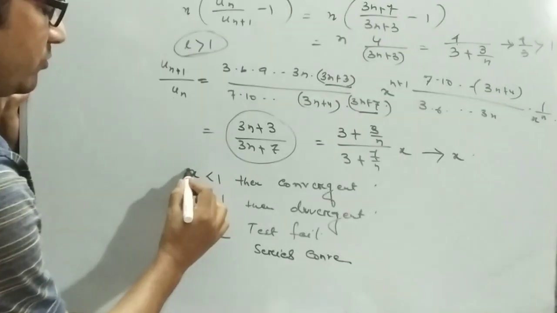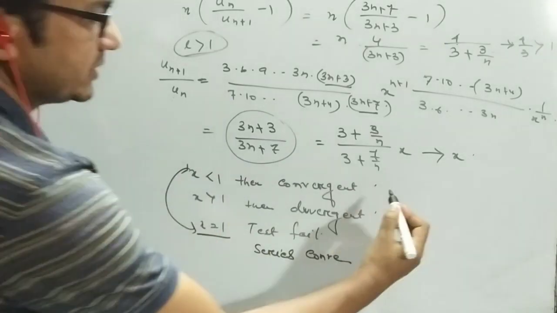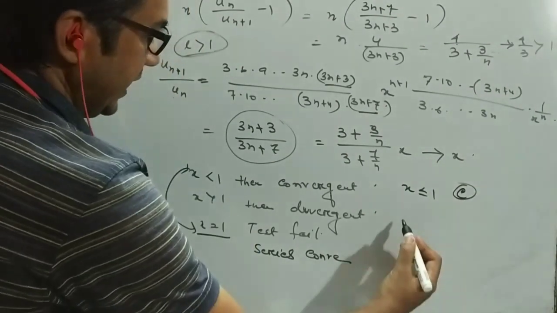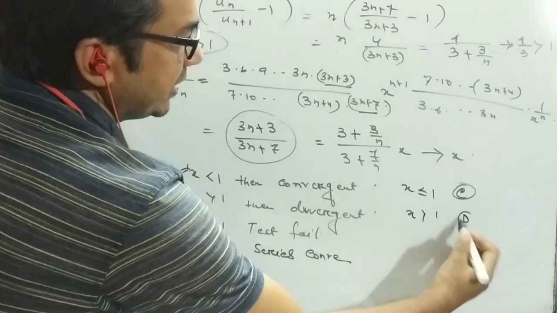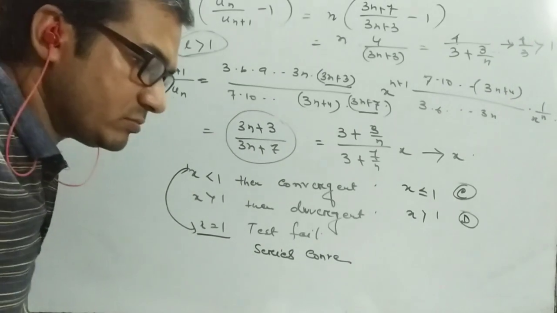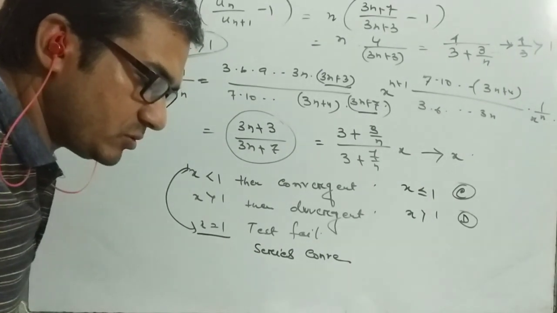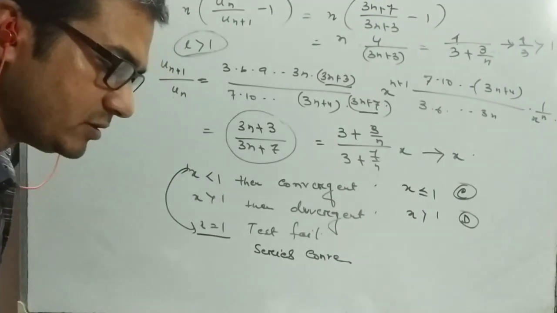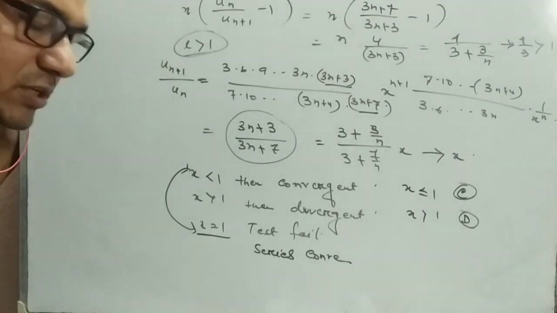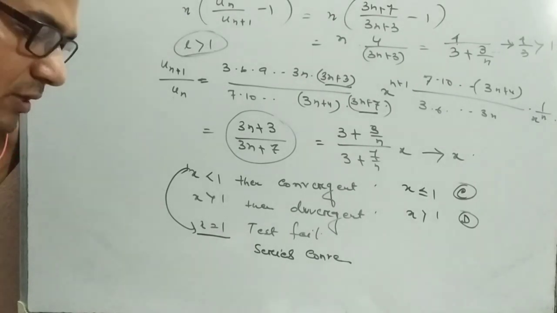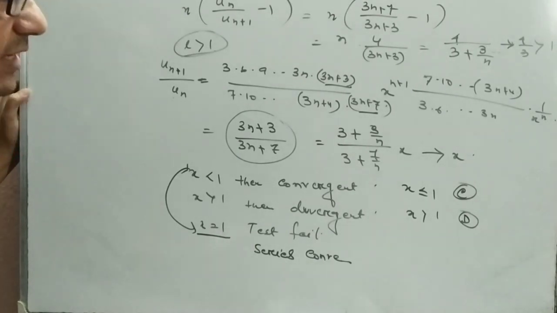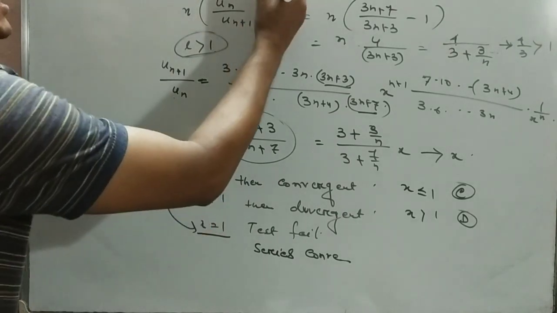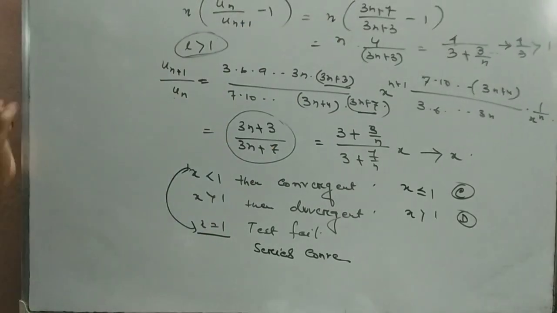So from here and here we get that if x less than or equal to 1 it is convergent, and if x greater than 1 it is divergent. So option C, convergent if x less than or equal to 1, and option D, divergent if x greater than 1, are correct. So options C and D are correct.